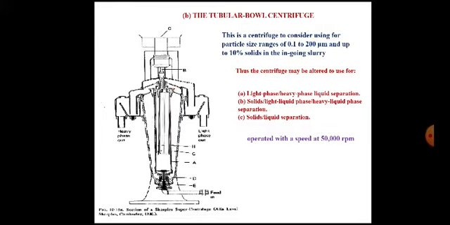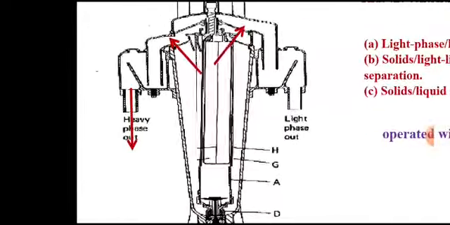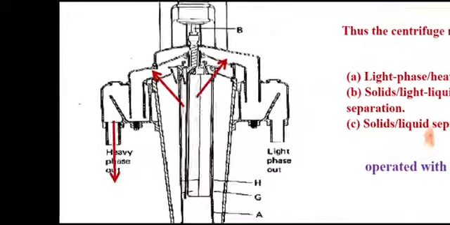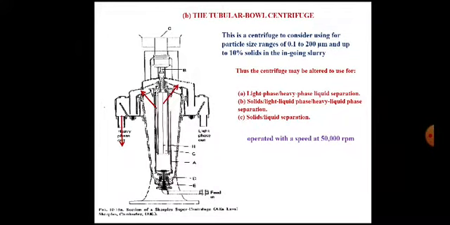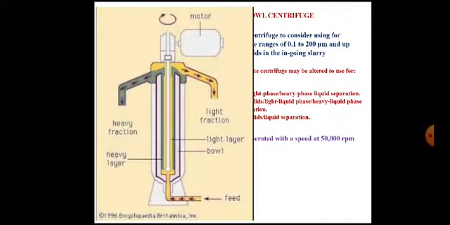It will be separated from this end, and there is a separate outlet for the separation of heavy liquid, which will be found at the periphery of this rotor, and it will be separated from this end. So this is how light liquid phase and heavy liquid phases are separated using this high speed centrifuge.